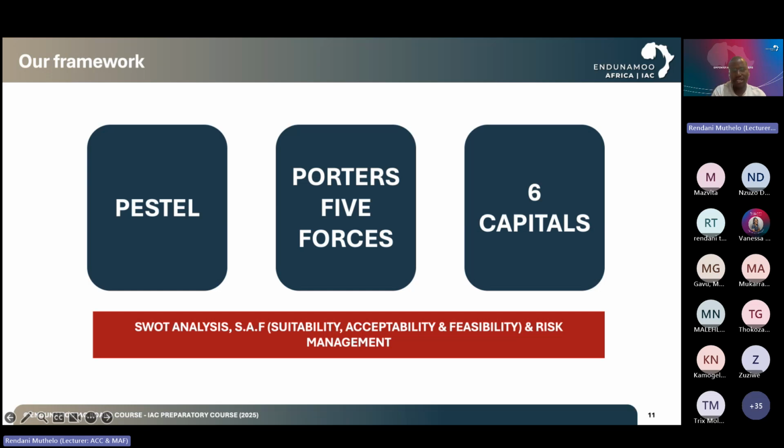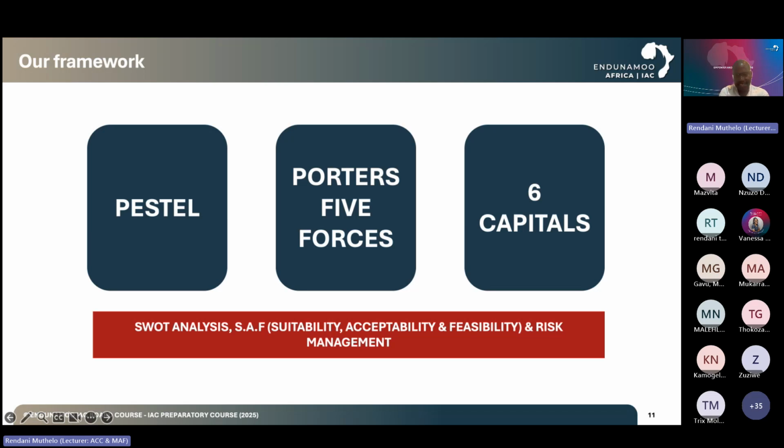Internal, we are mostly sitting with the 6 capitals, whereas external, there are 2: general competitive environment and sector competitive environment. For sector, we look at Porter's, because it will tell us who our competitors are, who our customers are, suppliers and substitutes.